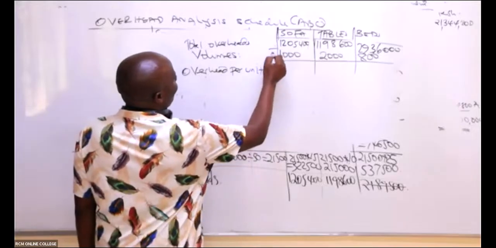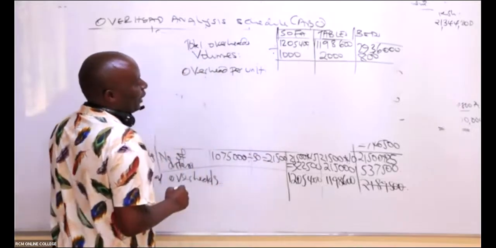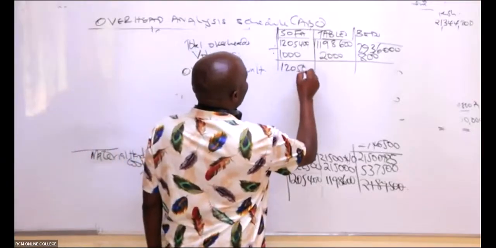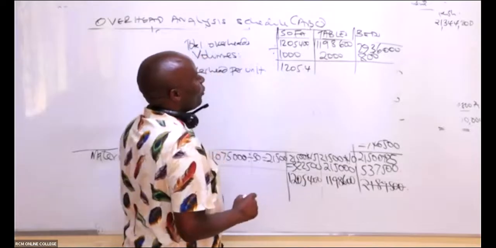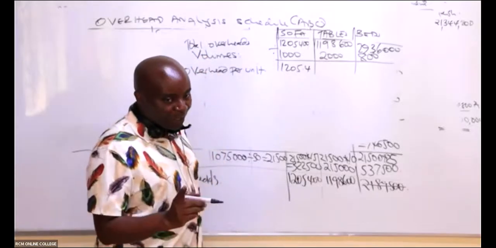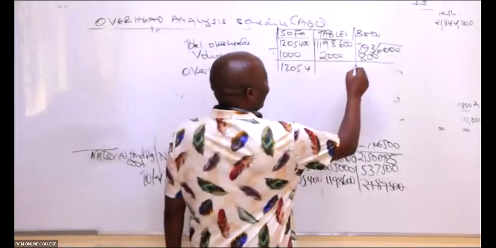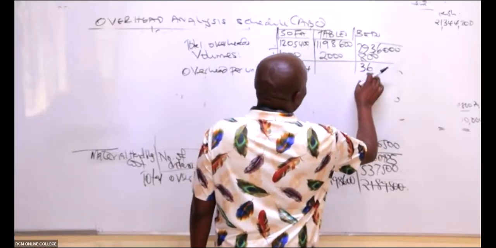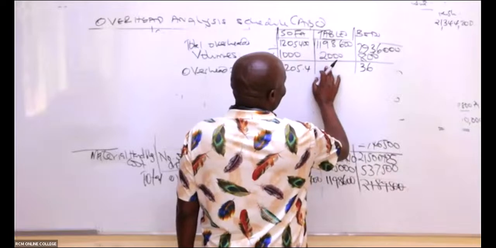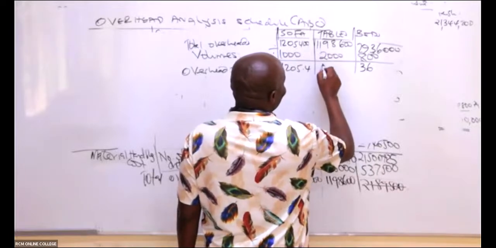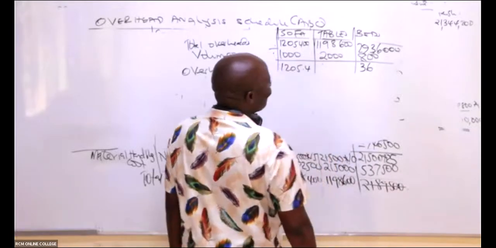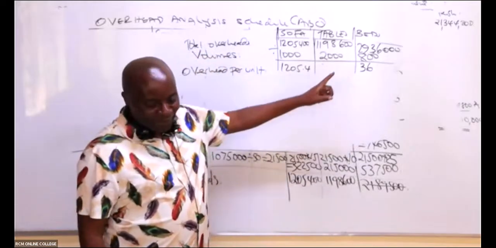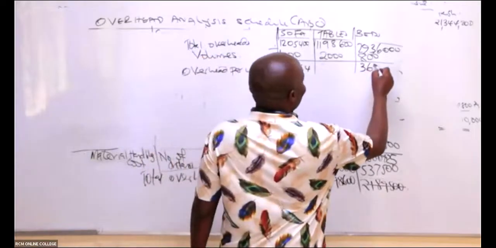So that means you divide. Overhead per unit, so then this will be 1205.4. The last one, 36.70.